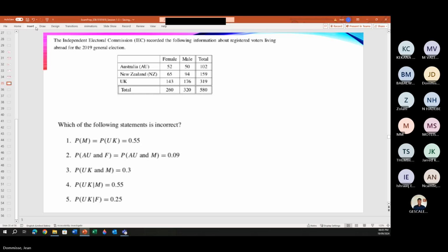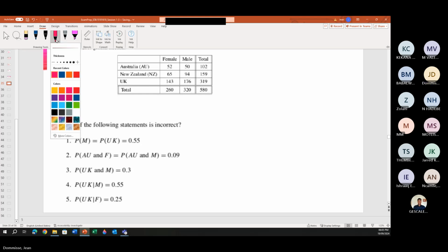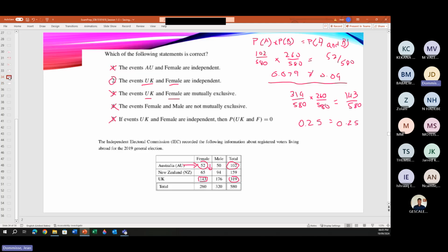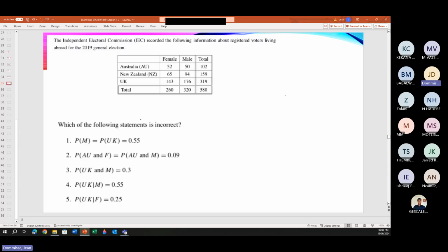We don't always need extra questions, you can look at the data set like this, and you can work out what is the probability of Australia, what's the probability of New Zealand, what's the probability of UK, what's the probability of female, what's the probability of male. Then you can practice and say, well, what's the probability of Australian female? What's the probability of New Zealand and male?